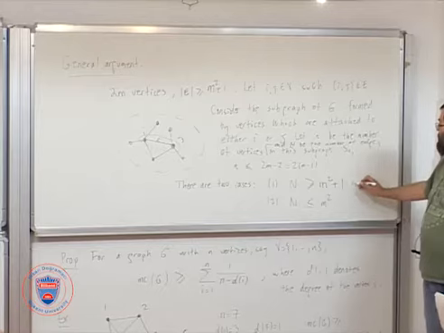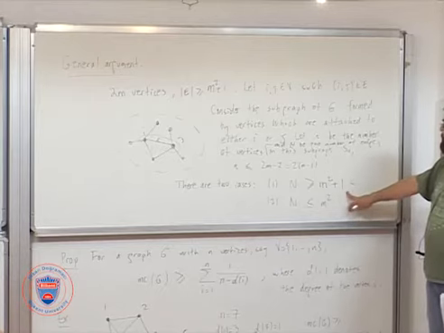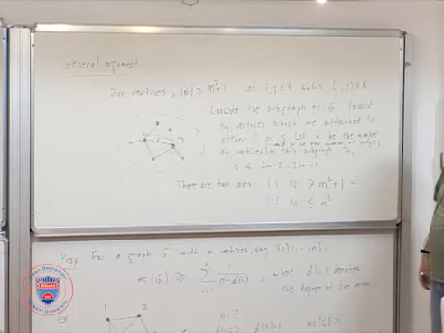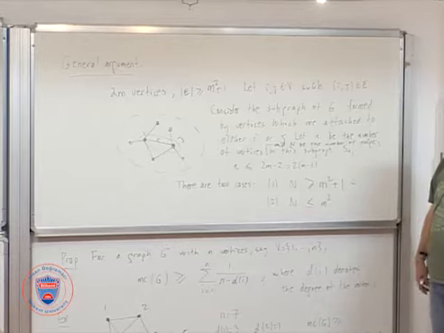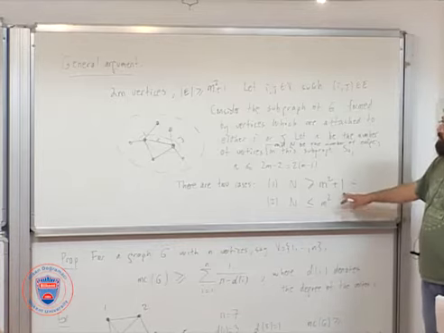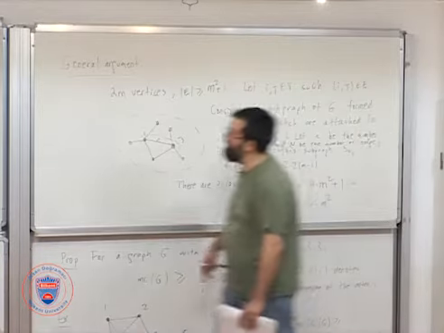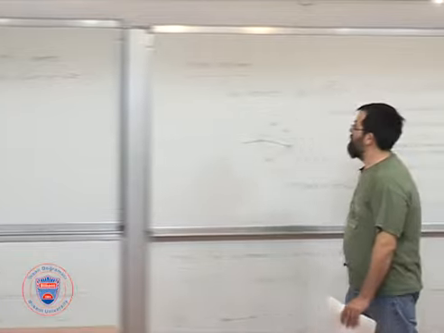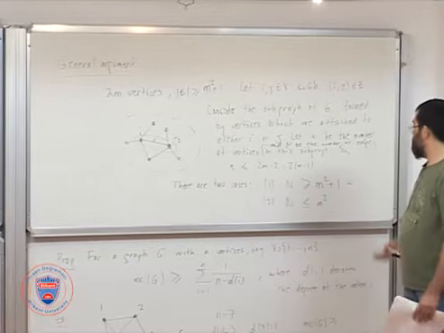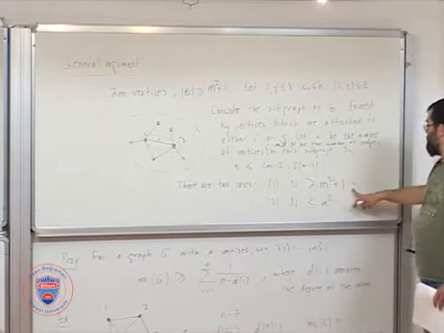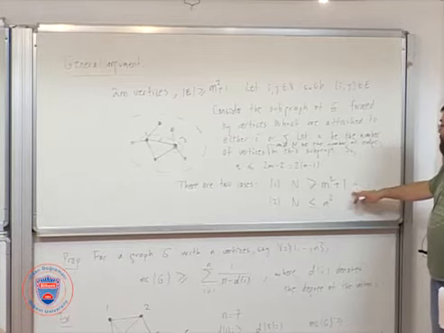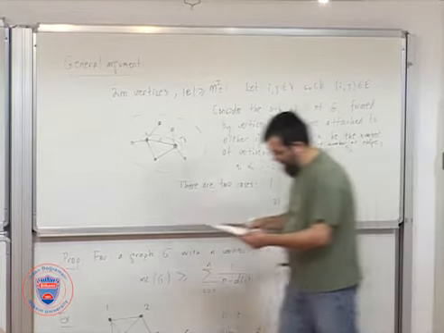Look at this: if it has m squared plus 1 edges, it already has more edges than you would want. It has fewer vertices, but more edges than you would want. So in this situation, there is definitely a triangle by induction.